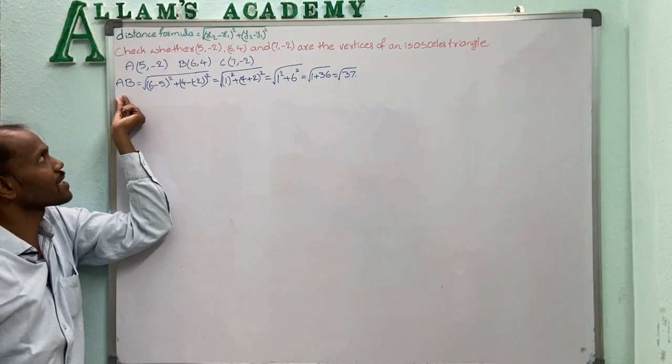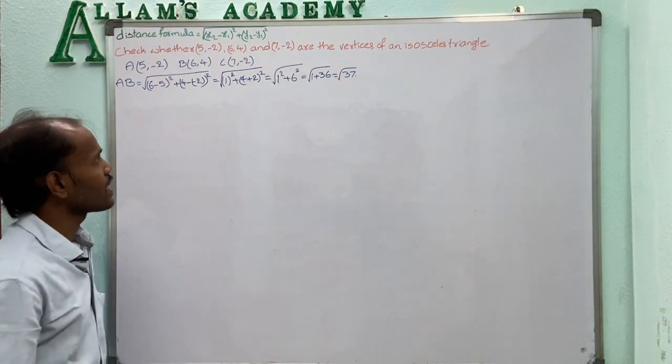So the length of the side AB equals root 37.